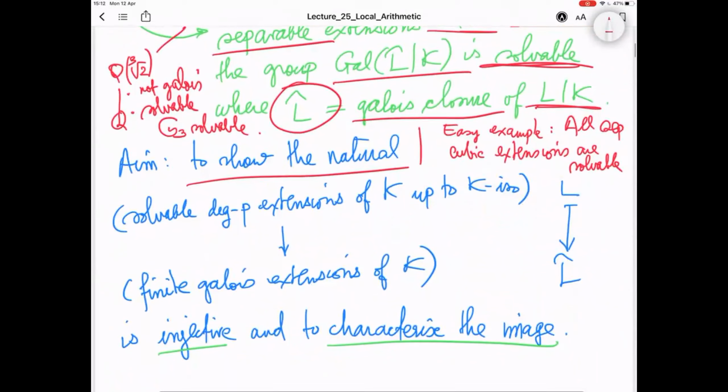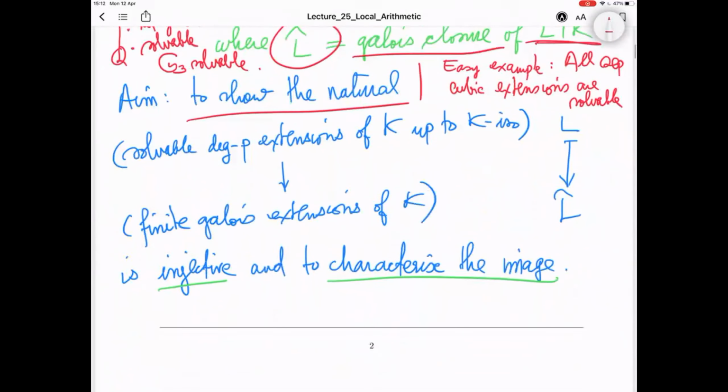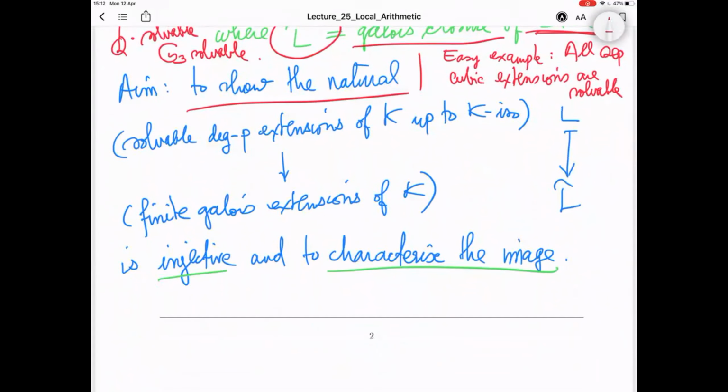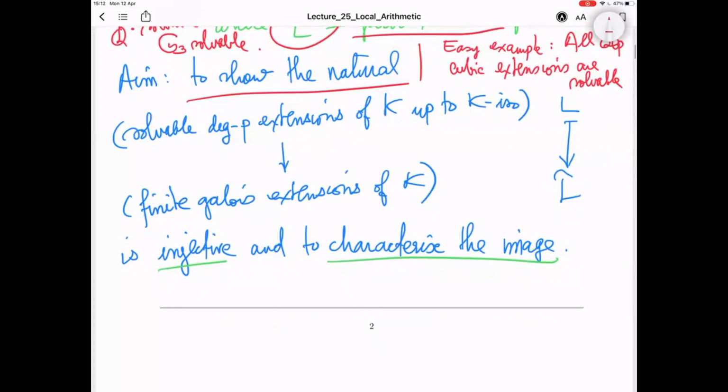Okay, if I were to summarize what we are going to do, here is a summary. From the set of all soluble extensions of degree P, you have a map to the set of all finite Galois extensions. You just take your soluble extension L and take its Galois closure, L hat.